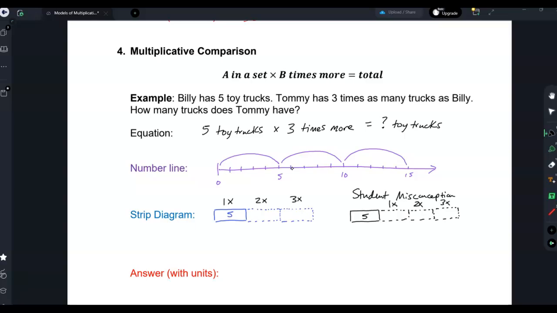But you can see why a student would maybe do that. They'd say, I start with 5 and then I do 3 times as many, so let me do 3 more. It's a really common student misconception. If done correctly, we should have 5 and then 10 and then 15. So this 5 more makes 10, 5 more makes 15. In this case, that's 15 toy trucks.